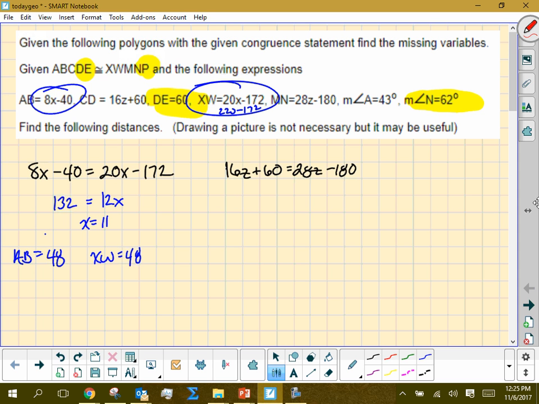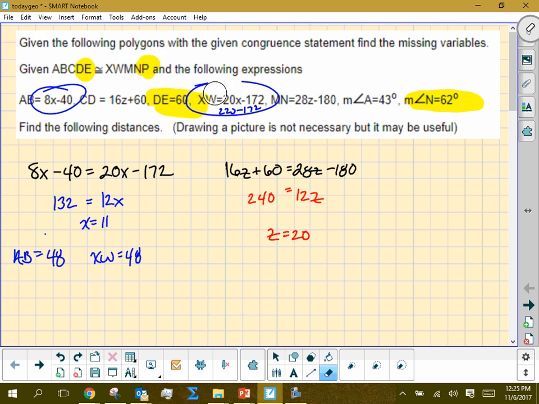Come over here and do this one. Find Z. Subtracting should give me 12Z. Add 180 to both sides, should give me 240. So 12Z should equal 240, so Z then is 20, right?